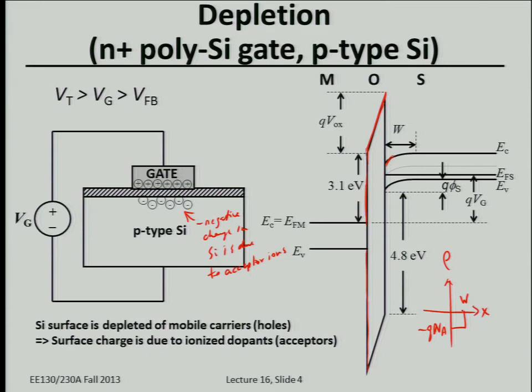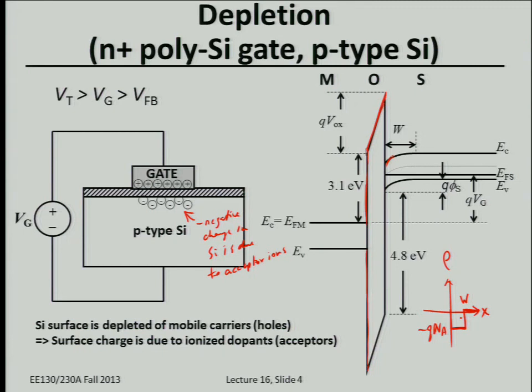So this is the depletion approximation here. There's some depth to which the silicon is being depleted underneath the gate oxide. We're just assuming that the hole concentration is negligible in the depletion region, and after the depletion region, the hole concentration is comparable to the dopant concentration. So there's no net charge in the silicon beyond the depletion depth.